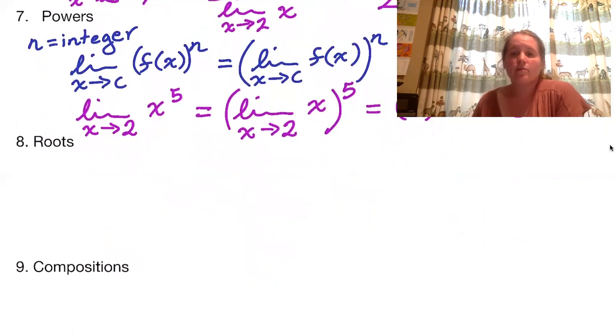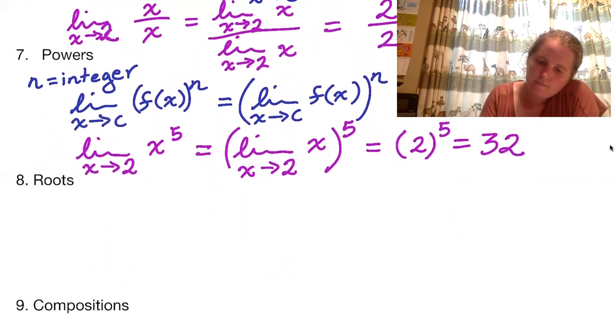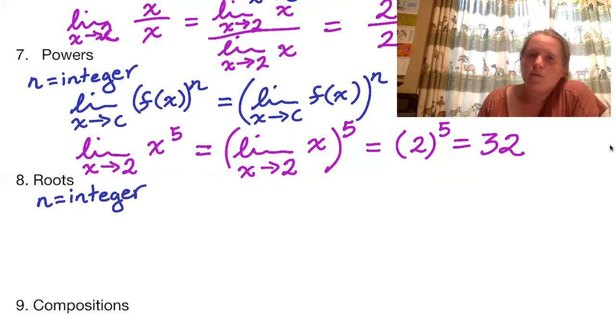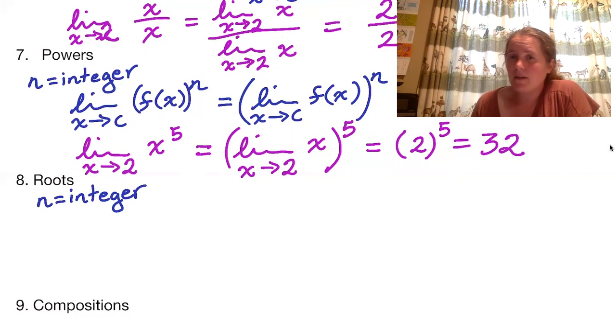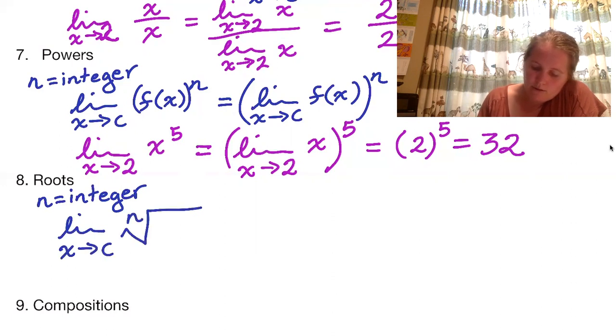Next up, we have roots. So again, we'll take n to be an integer. And we will only pick c in the domain of the function. So we're looking here at roots. So we're looking at the limit as x goes to c of the nth root of f of x.